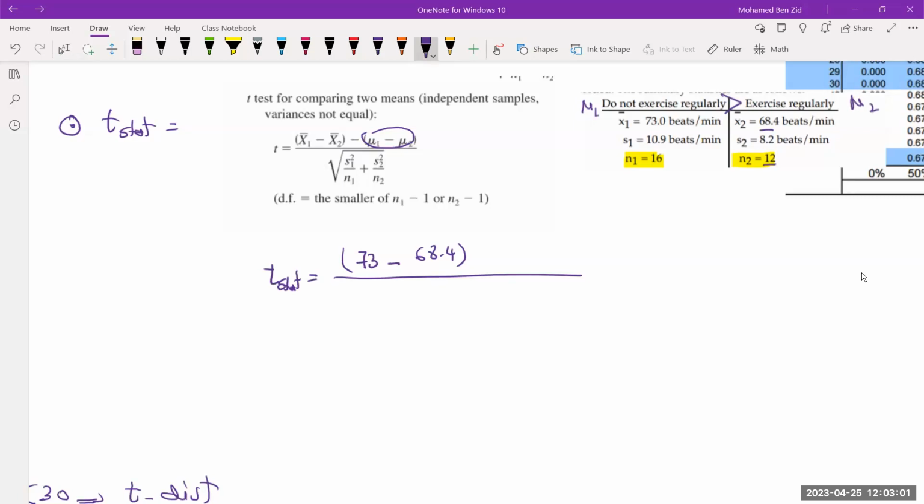Now, this value here is going to be 0 minus 0, right? And then this is divided by the square root. Now, S1 is this value here, so 10.9 squared divided by N1, which is 16. And then plus S2, which is 8.2 squared divided by 12. All right.